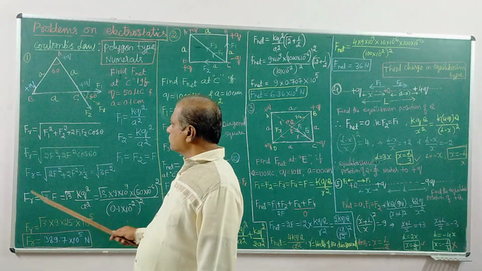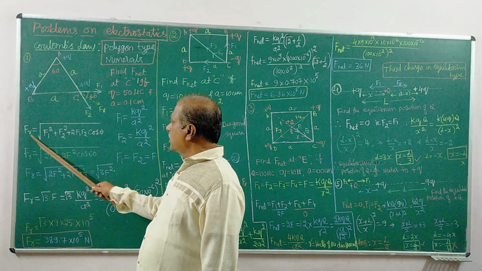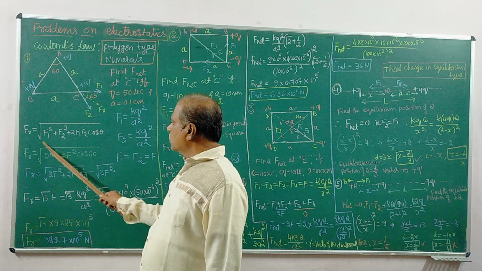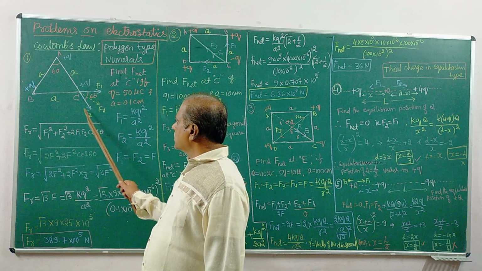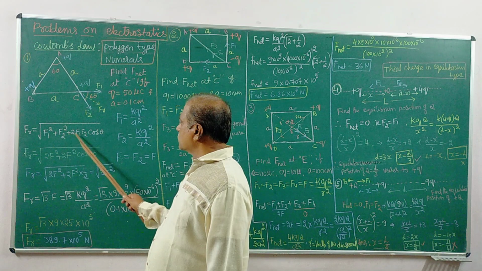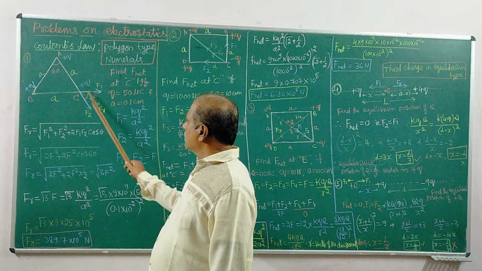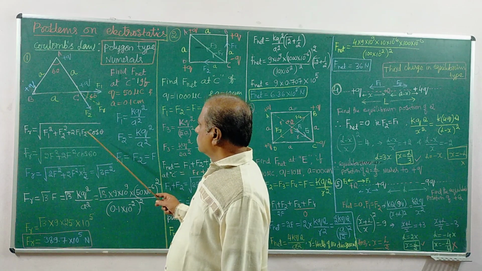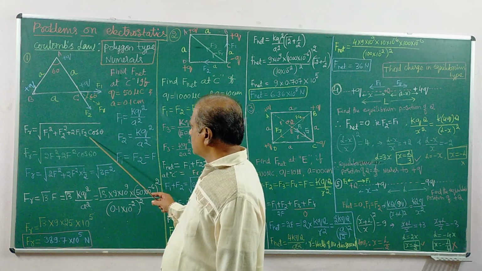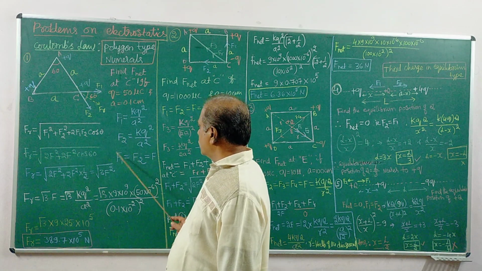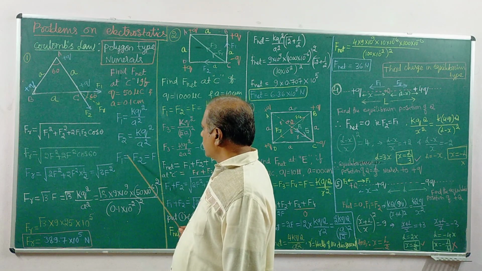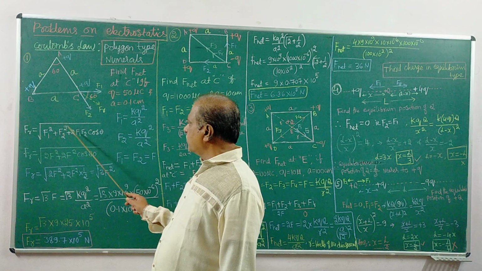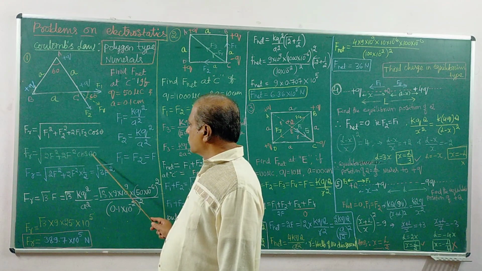The resultant or net force is equal to root of F1 square plus F2 square plus 2 F1 F2 cos theta, where theta is the angle between these two vectors. Now substitute: F1 equals F2 equals F, both are the same, and theta is equal to 60.